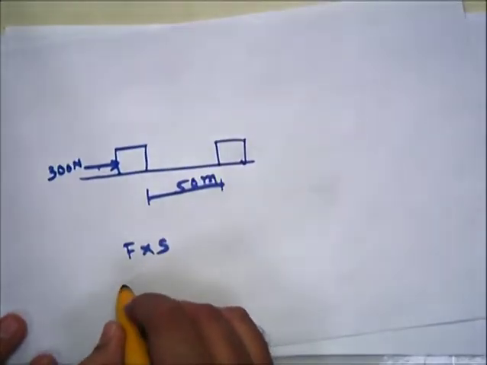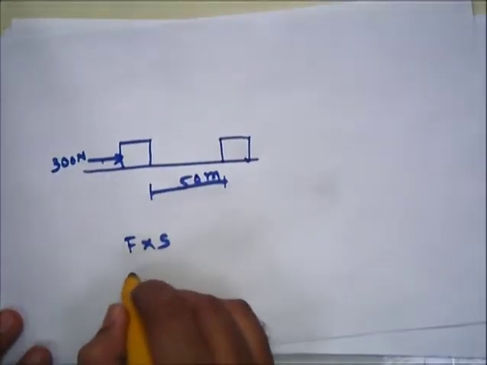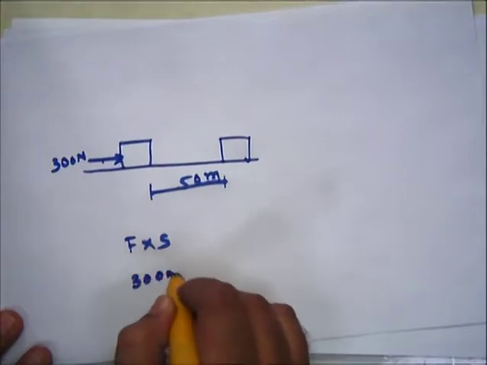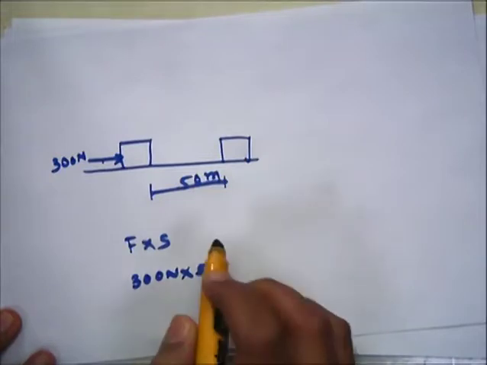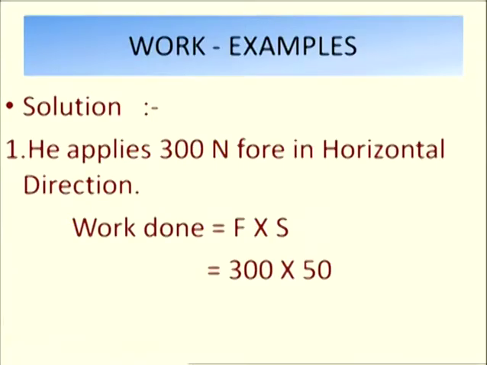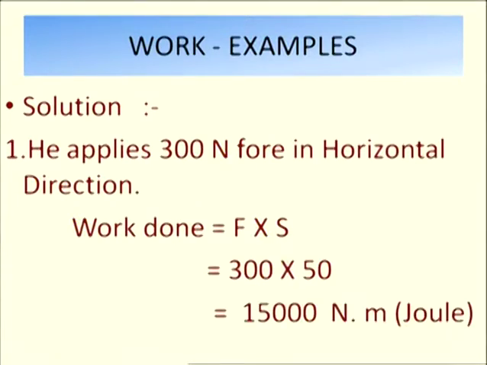Here F is equal to 300 Newton and S is 50 meters. So the total work done is 300 multiplied by 50, that is 15,000 Newton meter. We can say 1 Newton meter is equal to 1 joule. So 15,000 joule of work is done.